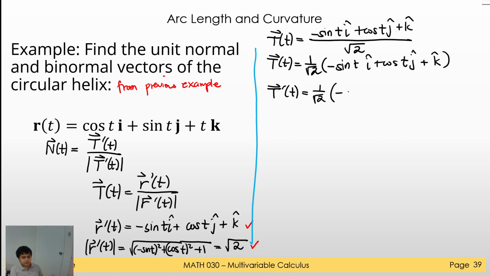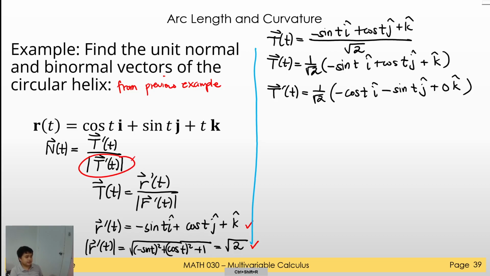The derivative of this is negative cosine t i hat, and then negative sine t j hat, and then 0k. You may not write 0k anyway, but I'll just write it here for now. So this will be the first derivative of the unit tangent vector.